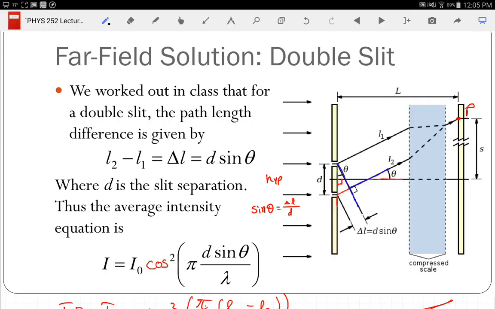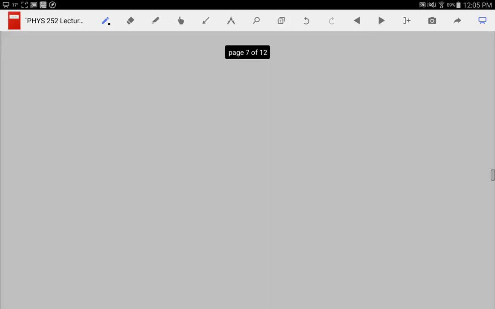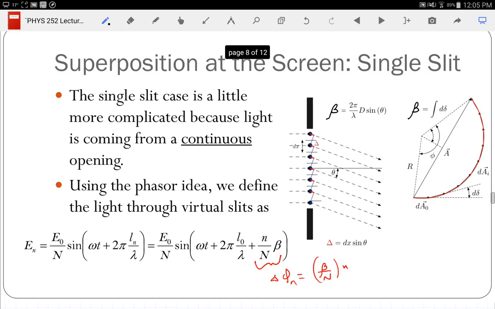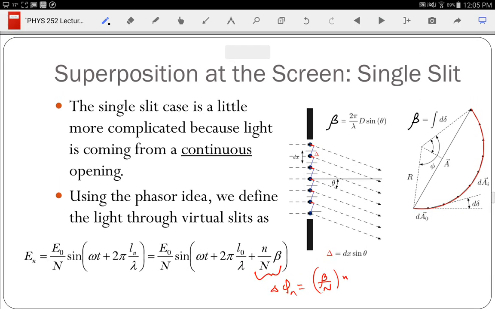So now you can take this equation and plot it as a function of angle, which I believe I have on, okay, I would just add a slide. I have it for the answer after the second part. But you can plot it and the intensity does something like this, getting biggest at the center and then going down on either side. The spacings in terms of angle are equal angles.